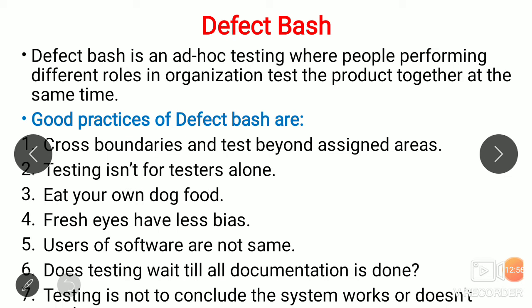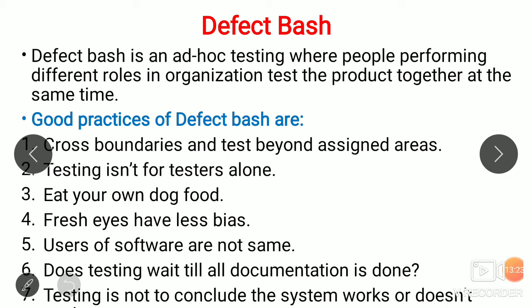Fifth one is users of software are not the same. See here, we need to bring different types of people who have different levels of product understanding to test the product together randomly.